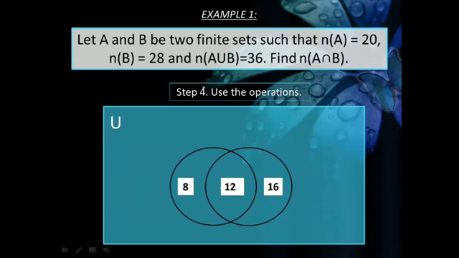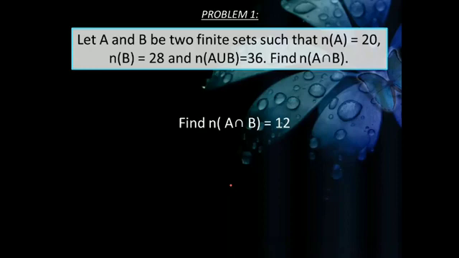Same with 16. It is the difference of B minus A. All in all, we have 28 elements in set B, but 12 of them are also elements in set A. Therefore, we must subtract 12 from 28, which will give us an answer of 16.